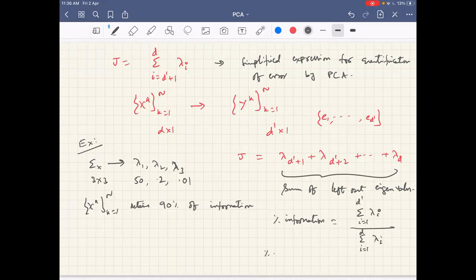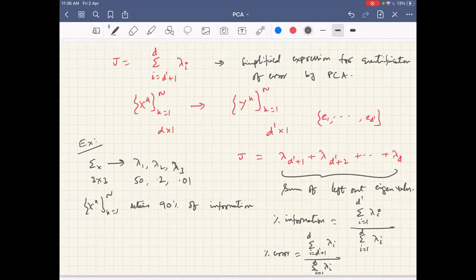Or the percentage of error in projection is given by the left out eigenvalues divided by the total of the lambdas. Okay, so this is the percentage of error, exactly proportional to J, and the percentage of information that is retained is this.